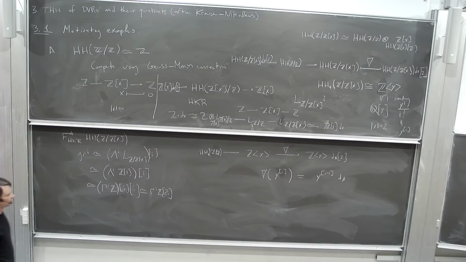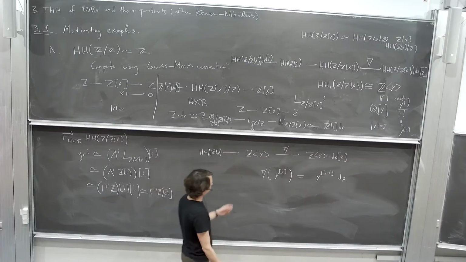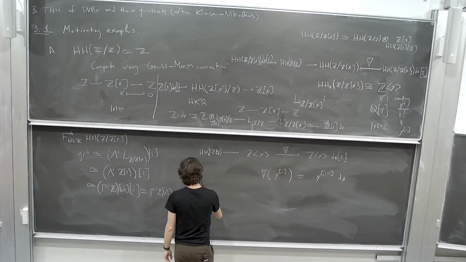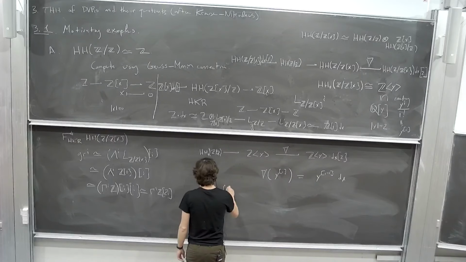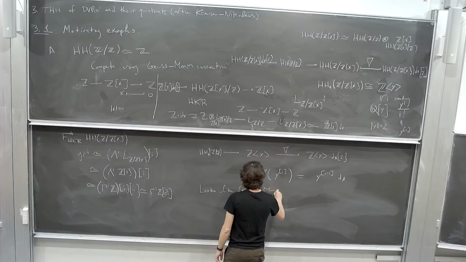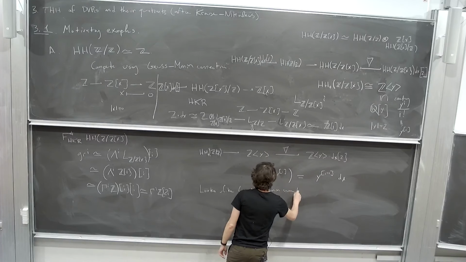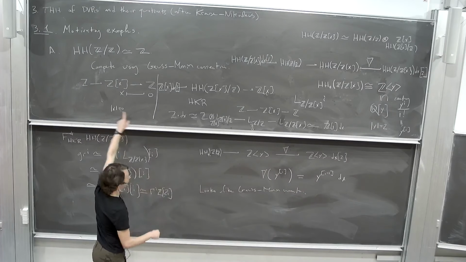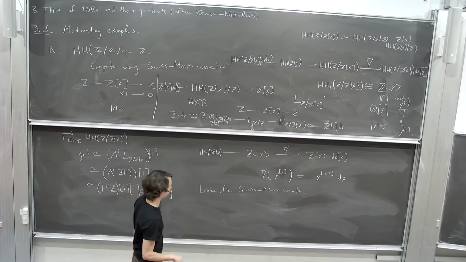Okay. And so this looks much like the Gauss-Manin connection on de Rham cohomology for this composition of morphisms of commutative rings.